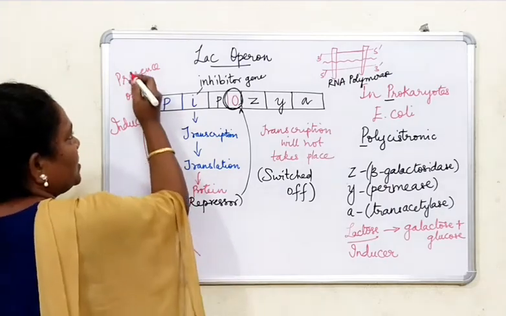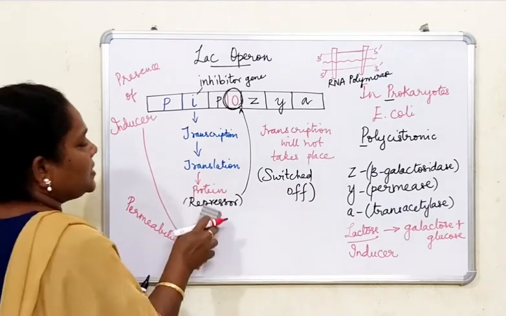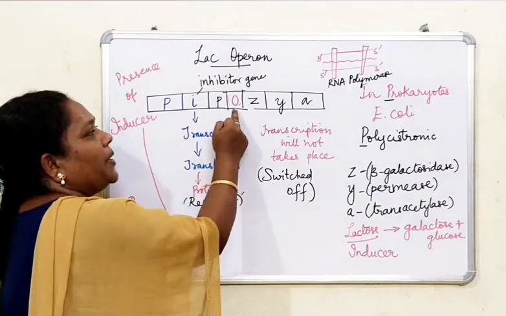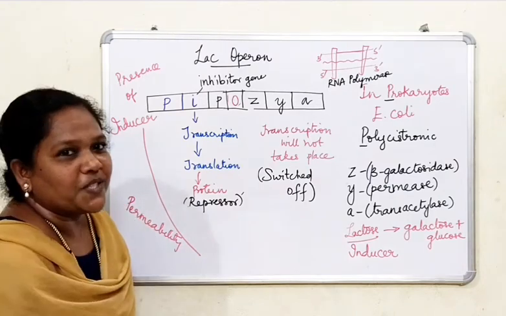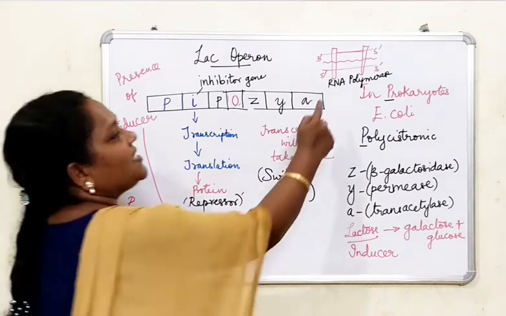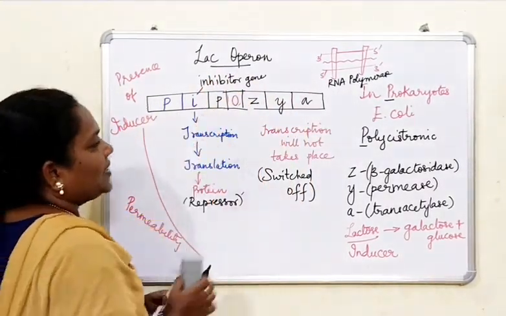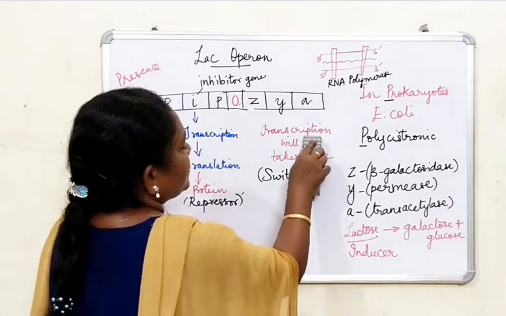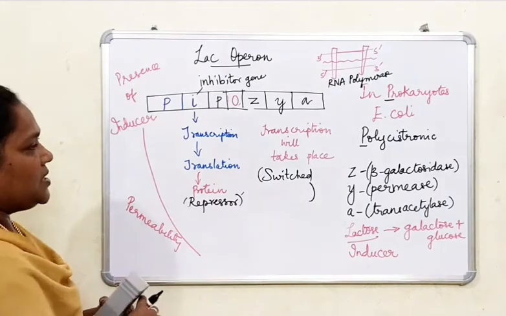When lactose is present, this repressor protein cannot bind to the operator. So RNA polymerase can bind to the promoter and transcription will take place. This condition you call switched on.